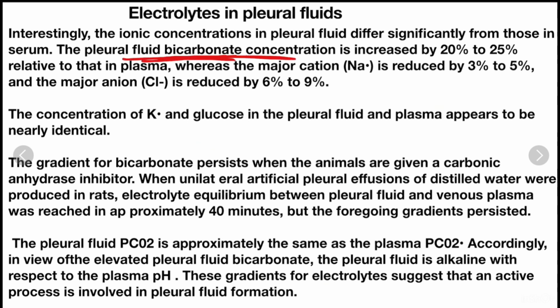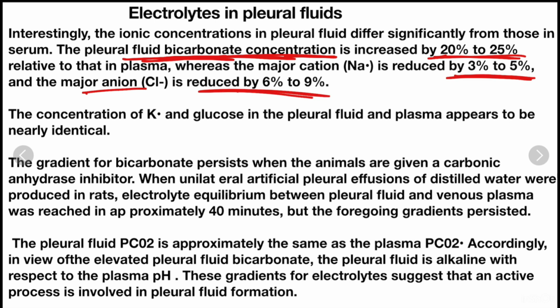Pleural fluid bicarbonate concentration is increased by 20 to 25% relative to that in the plasma, whereas the major cation, sodium, is reduced by 3 to 5% and the major anion, chloride, is reduced by 6 to 9%, while bicarbonate gets high, 20 to 25%.